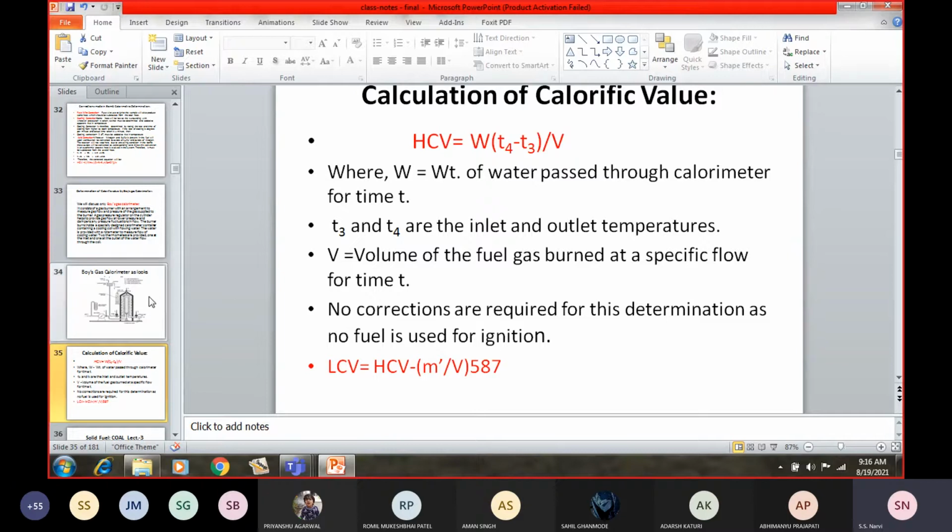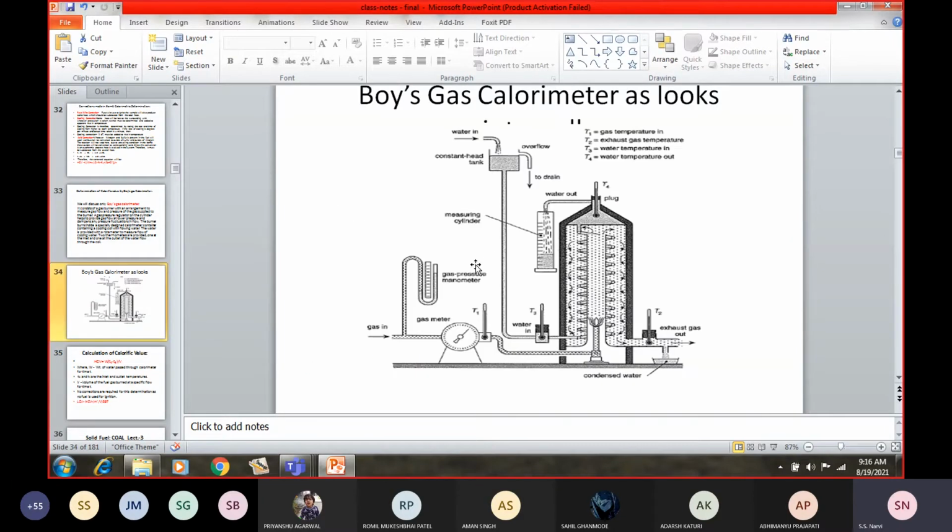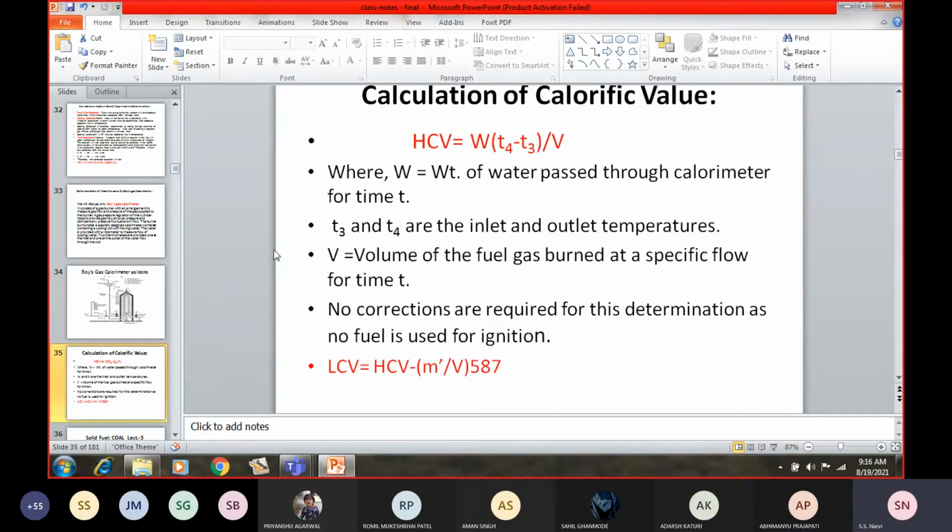Now you see, this is the capital W, this water here, water out. It's a measuring cylinder, so you know how much volume of circulating water has been collected here. So that is capital W, and T4 minus T3.